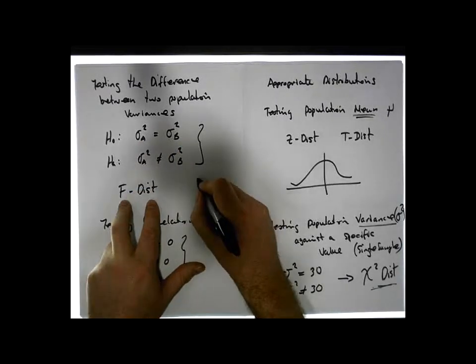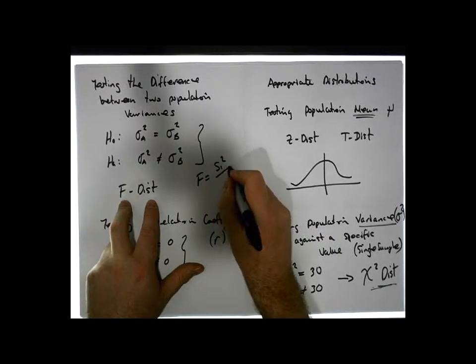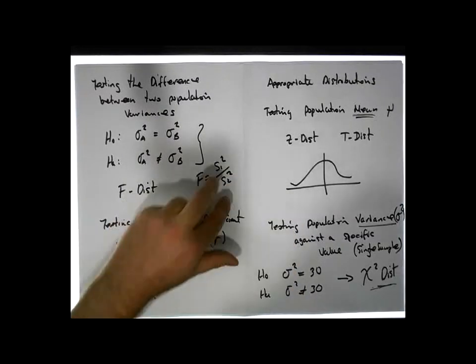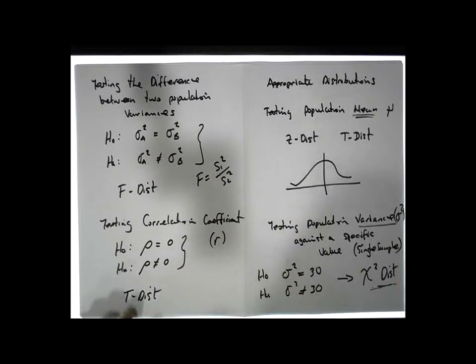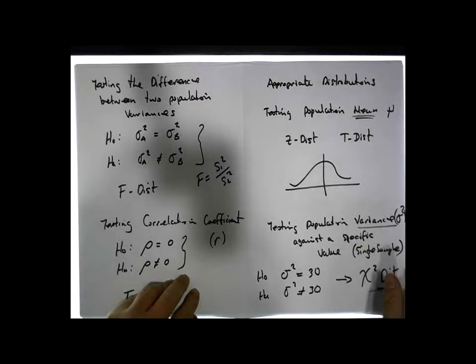The test statistic is F equal to S1 squared over S2 squared, the ratio of the two variances. And if you're testing a correlation coefficient, the test distribution is the T distribution as well. So that was asked earlier on by a student, in relation to what distributions I used and in what cases.